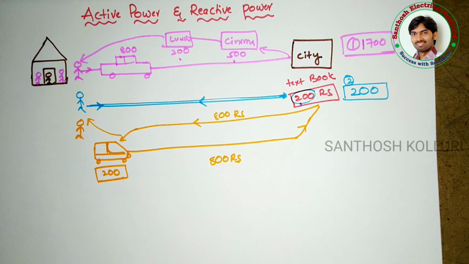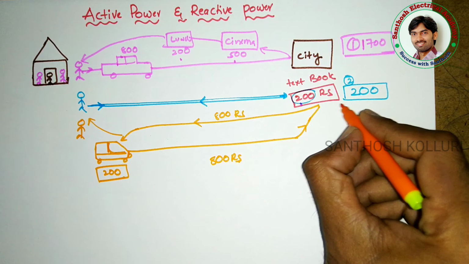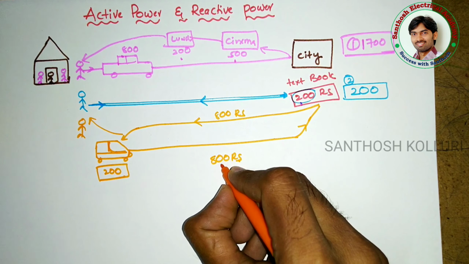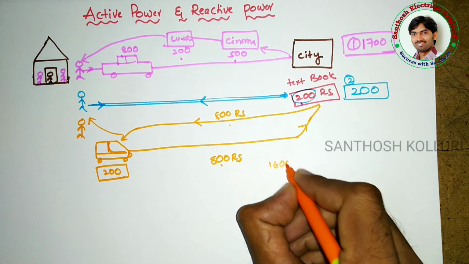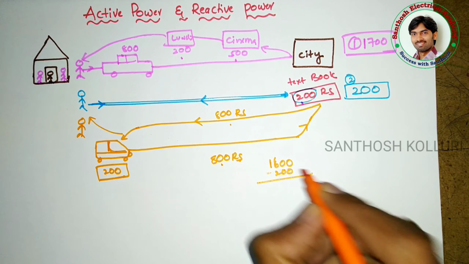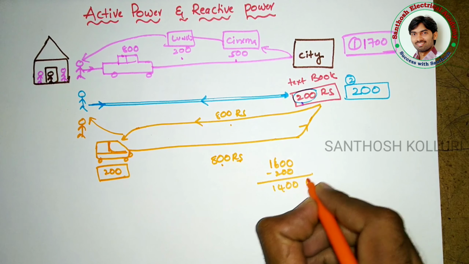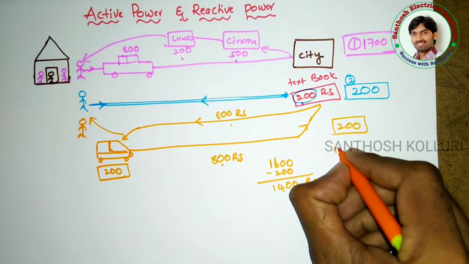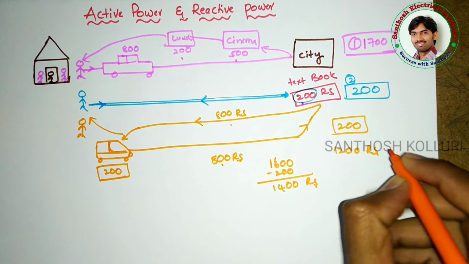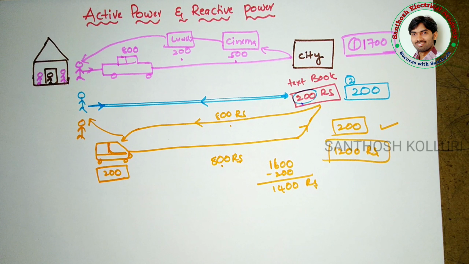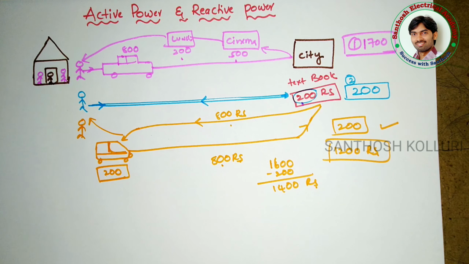So in this third case, to buy a textbook of 200 rupees, he got 800 plus 800, 1600 rupees. Out of 1600 rupees, 200 rupees is deducted, so let us take 1400 rupees. Then with the 200 rupees textbook, he got 1200 rupees profit. So what is your observation in these three examples?